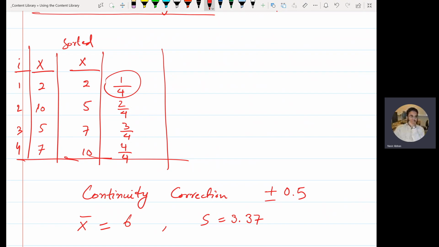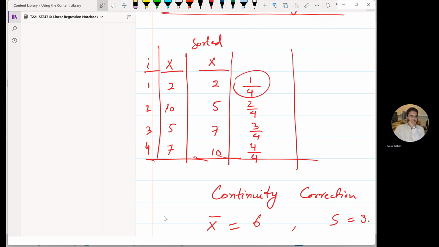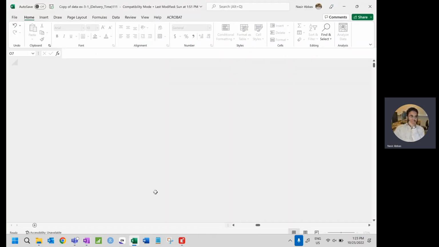This is the 25th percentile of the normal distribution with mean 6 and variance 3.37 squared. Check what is the value in the original normal distribution such that the lower tail area is 25%. That is basically the percentile of the normal distribution. There is a very easy way to get it. The command is norm inverse.